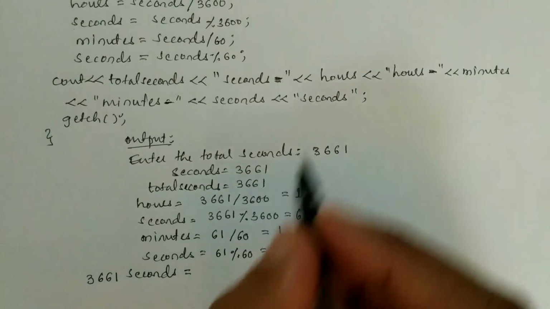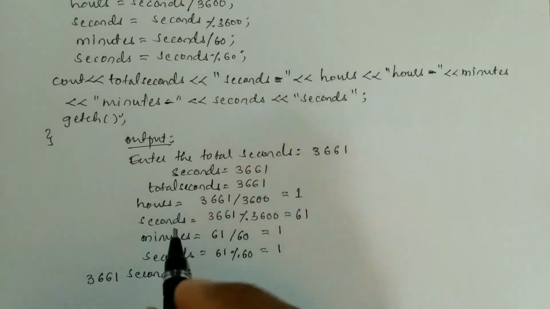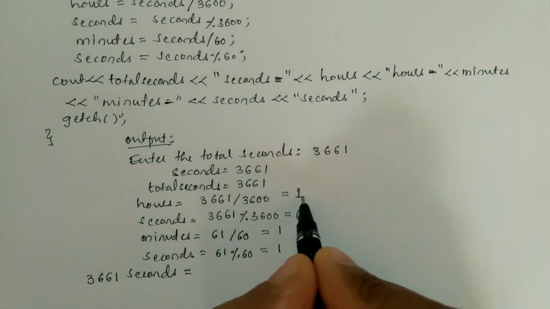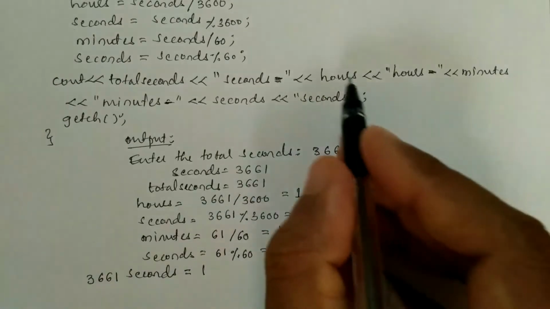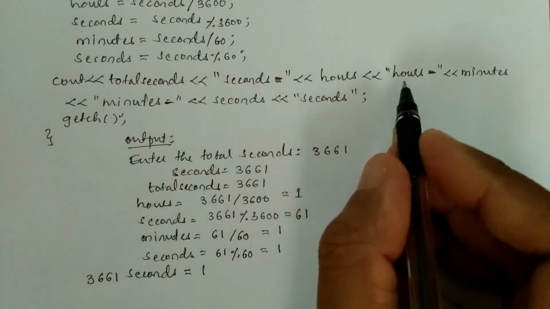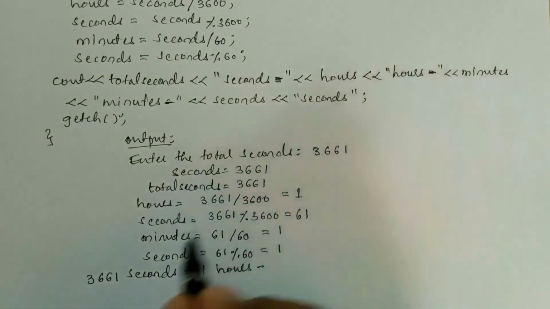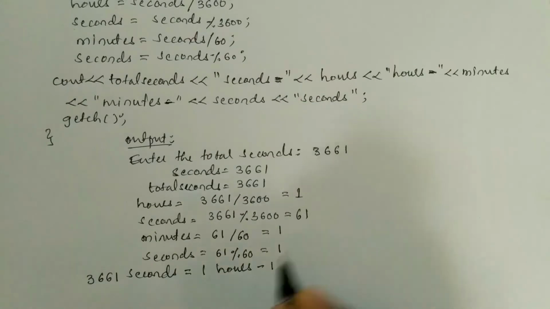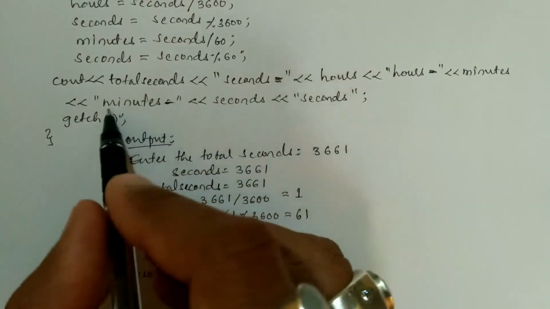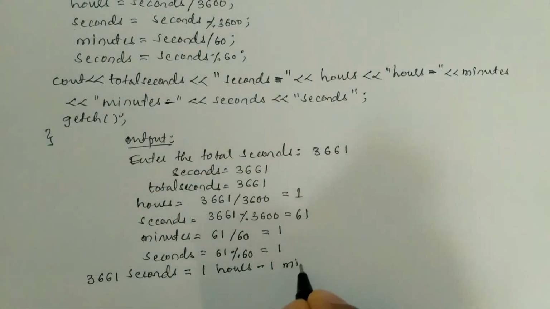Then it is going to print hours. Here you can see we have hours value 1. I'm going to write hours as it is in double quotation marks, dash, then minutes. Here we have 1 minute. Whatever is written in double quotation marks will be printed as it is.